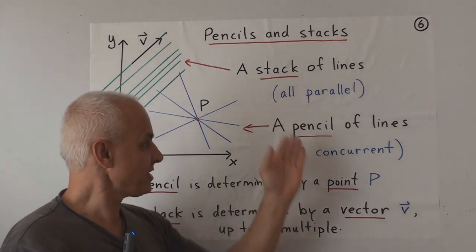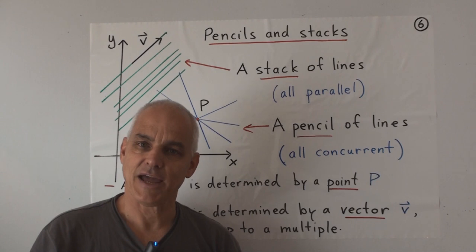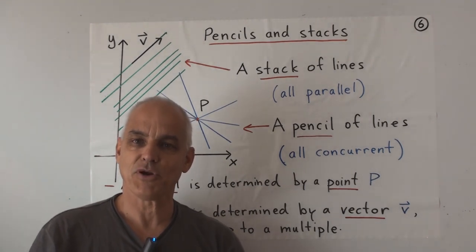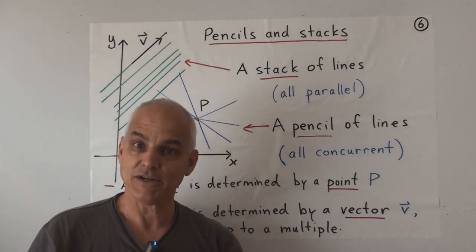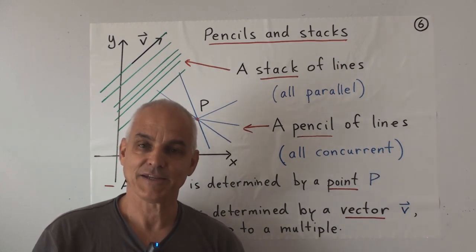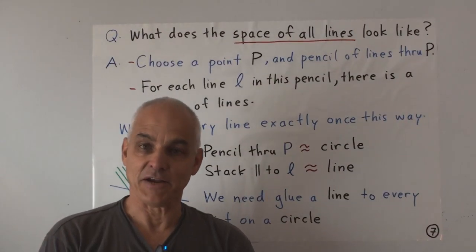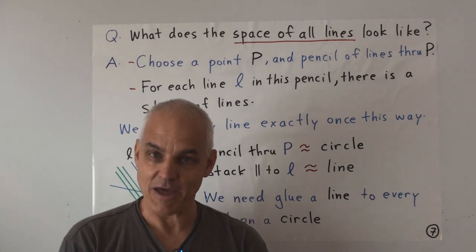And now in terms of this terminology, we can ask and answer a very interesting and somewhat unfamiliar question, but one that I think many students will really appreciate seeing. The question is, what do all the lines in the plane look like? So this is a kind of a guiding principle when you're studying mathematics.